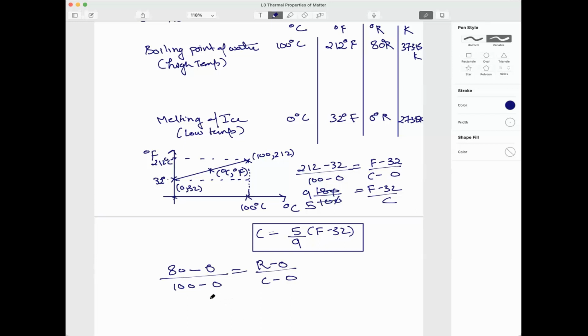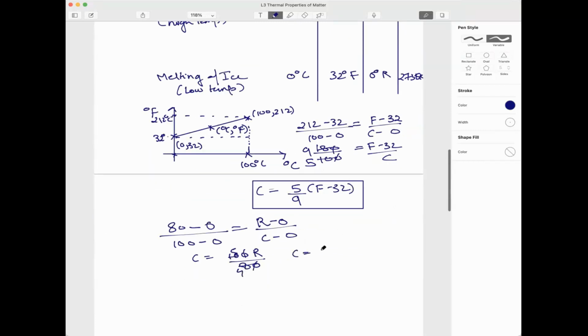So C comes out to be 100 R by 80. So C is 5 by 4 R.